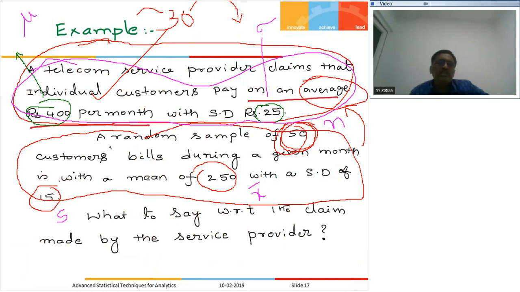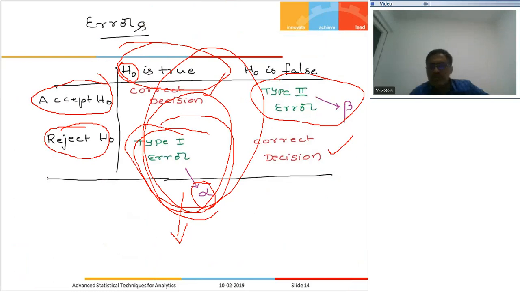So what is the take home, what did we discuss today? One is estimation. One is sampling distribution, that is mu of x bar equal to mu and sigma square of x bar is sigma square by n. Second one is the central limit theorem.